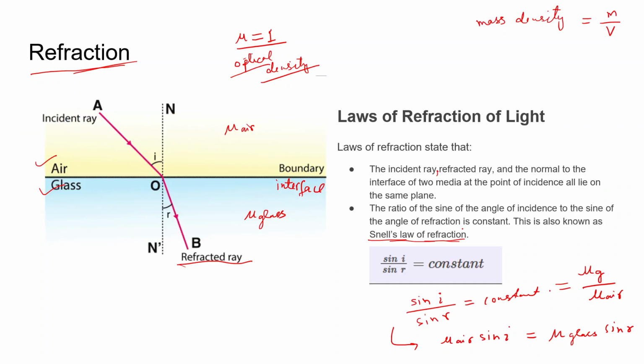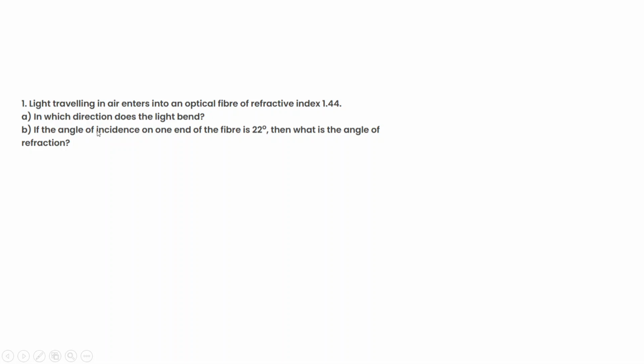Okay, based on this we will do I think one or two questions. The first question is, light traveling in air enters into an optical fiber of refractive index 1.44. So first it was traveling in air, then it encounters another medium which is an optical fiber.